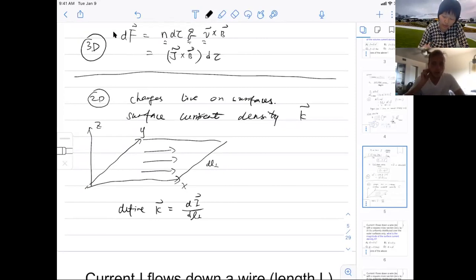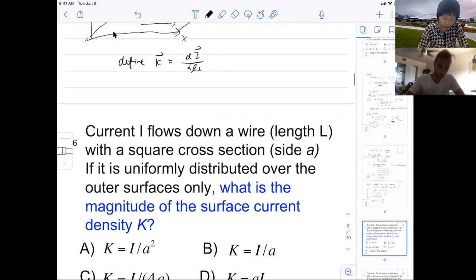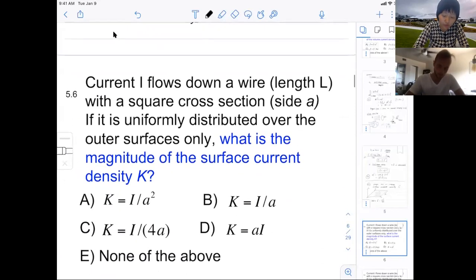At this point, let's take a look at the application of this concept in a particular question. Here we have a current flowing down a wire with a square cross section, sort of like a rectangular tube, but the current is only flowing on the surface.